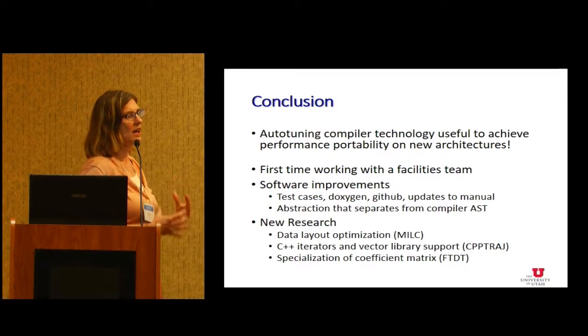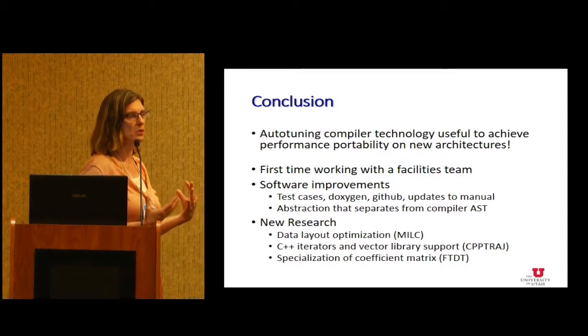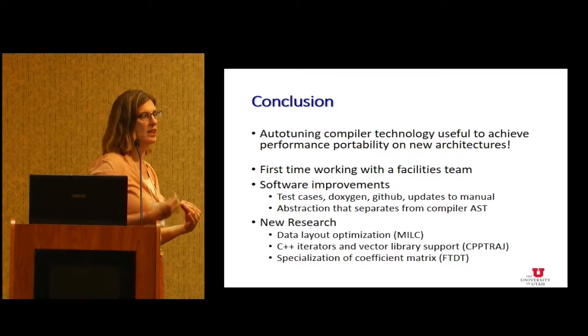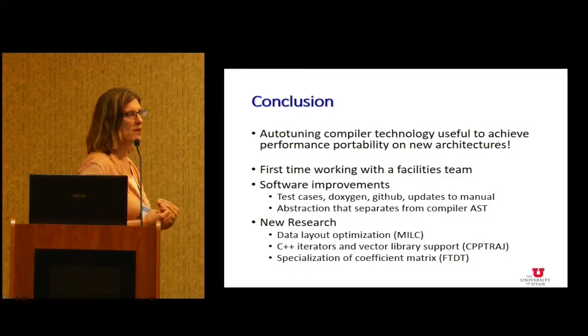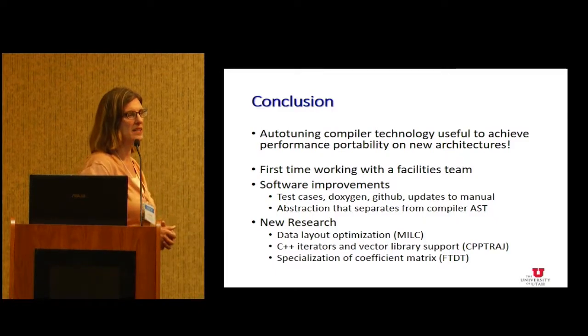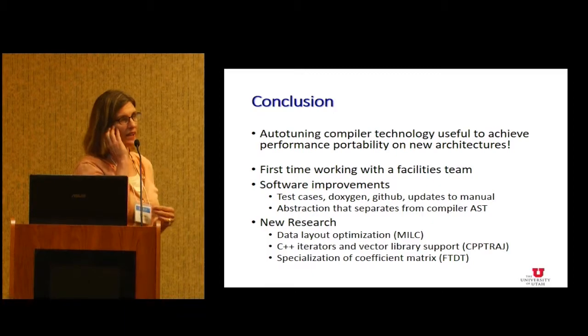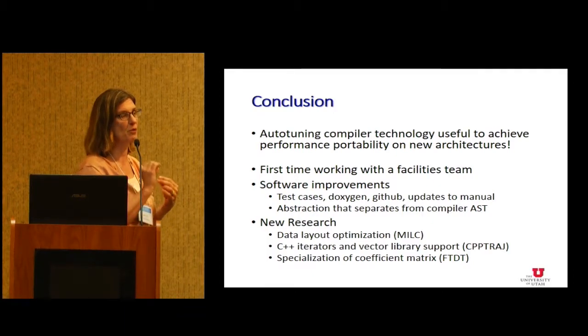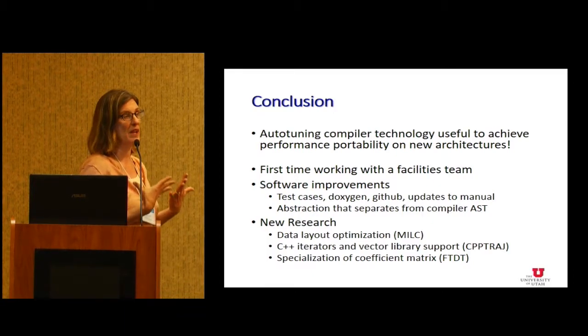The idea of our project and our research is to develop auto-tuning compiler technology to give you performance portability on modern architectures for the kinds of application domains that arise in HPC. One thing we've proven with our research is that we really can achieve the level of performance people get from manual tuning, but the input code is much more compact.